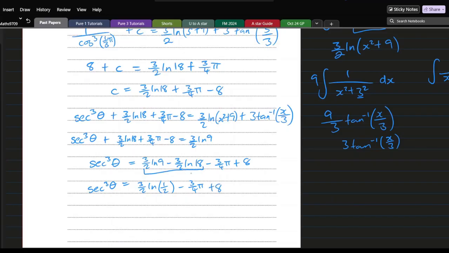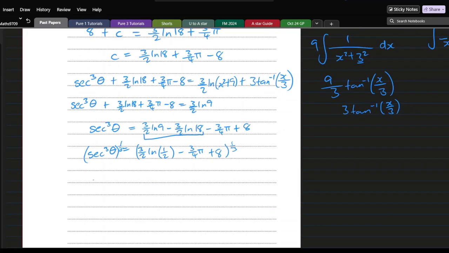And then I'm going to put both sides to the power 1 over 3 to get rid of this power 3 on the left hand side. So sec theta is equal to 3 over 2 ln half minus 3 over 4 pi plus 8, all to the power 1/3.